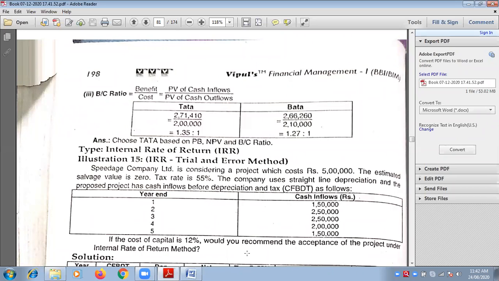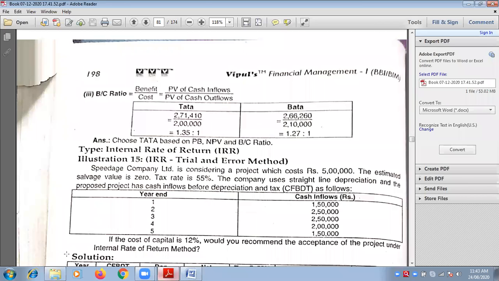But this statement can be used: would you recommend the acceptance of the project under ARR method?